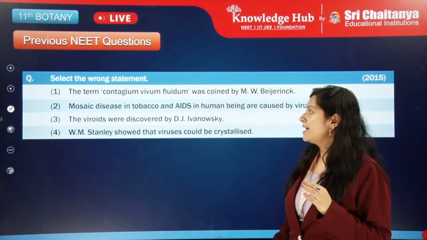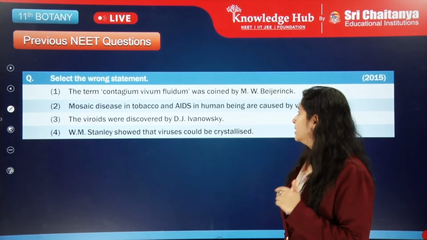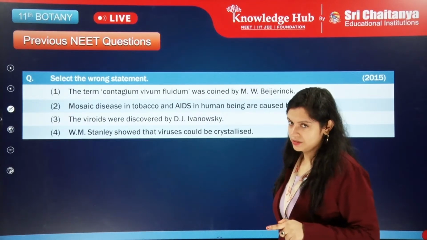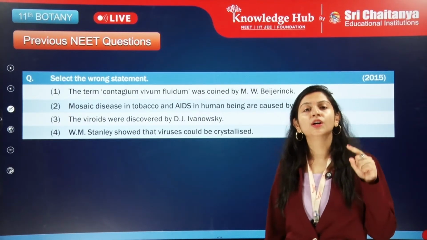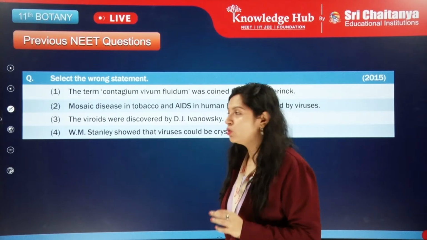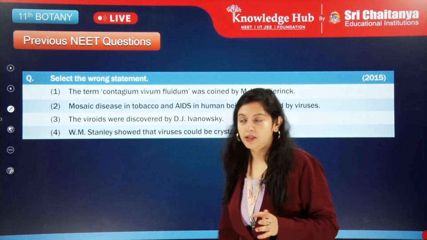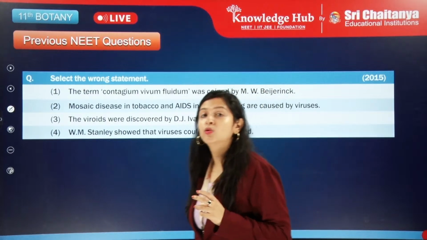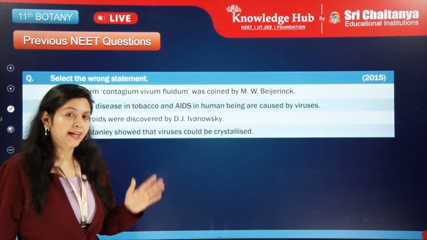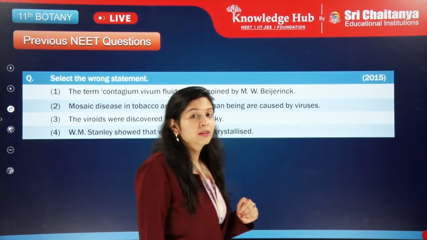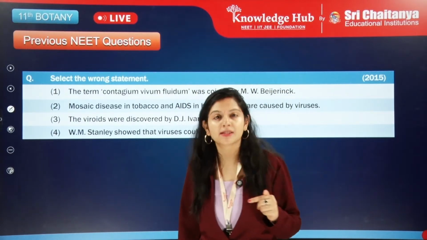The term contagium vivum fluidum was coined by Beijerinck. Next one is mosaic disease in tobacco and AIDS in human beings. These are caused by the viruses. Next one involves another scientist.